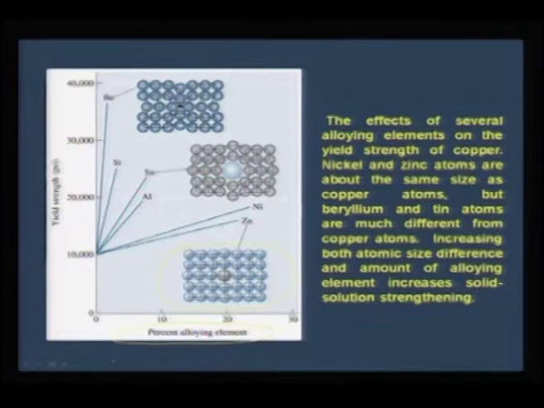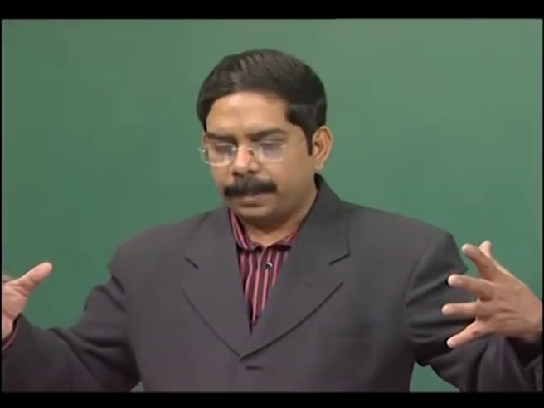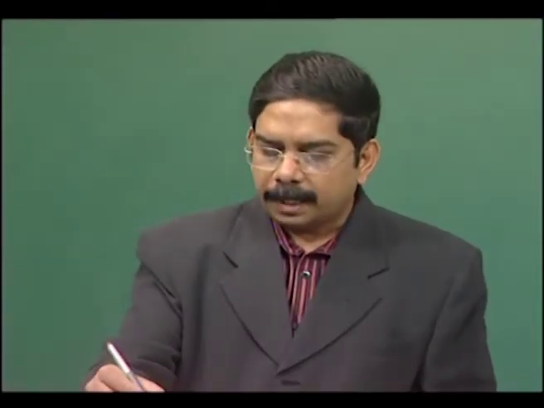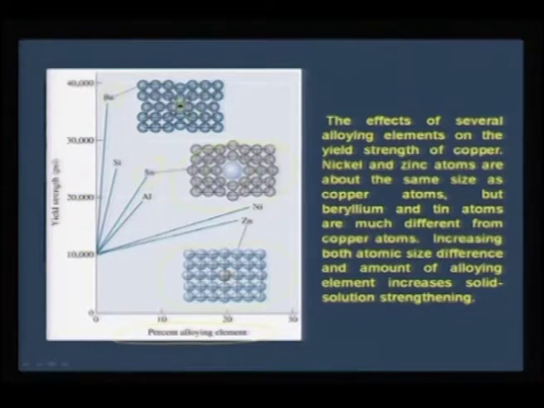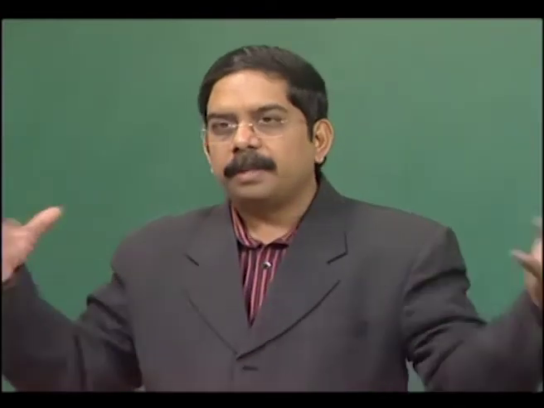Whereas, if you are going for a bigger cation like tin and you substitute in the same copper FCC, you will see a lattice elongation of that type. Or if you put beryllium, a small cation, in copper, then you would see a compressive strain. So, the strain that it would induce into the lattice will bring about different properties.